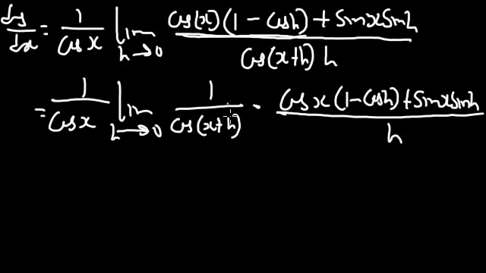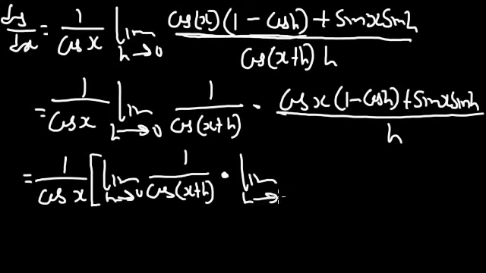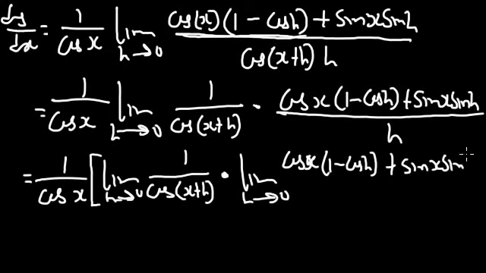Very good. So now, since the limit of a product is equal to the product of the limits, we have 1 over cosine x, just put that in brackets, then we have the limit as h approaches 0 of 1 over cosine x plus h, then times the limit as h approaches 0 of cosine x times 1 minus cos h, then plus sine x sine h, then divided by h.